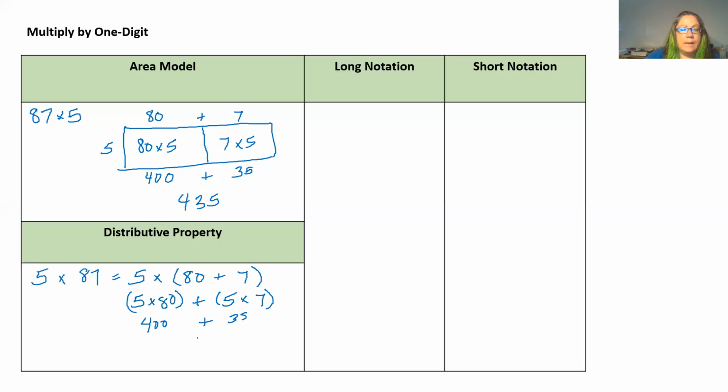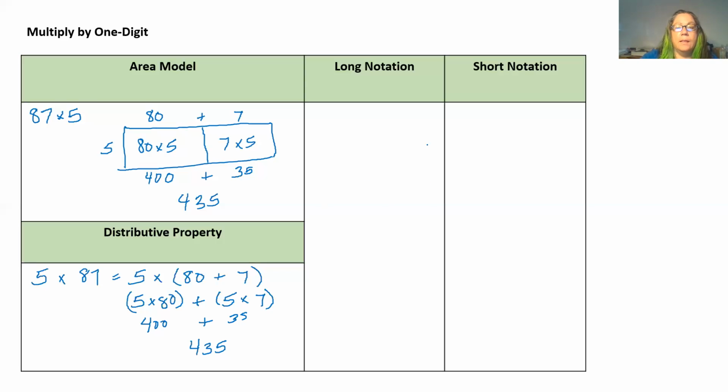I copy the plus sign, and then I go ahead and add. Notice that with both methods, I got the same answer, and the area model and the distributive property are very similar. The distributive property is sort of the area model without boxes, with parentheses instead.